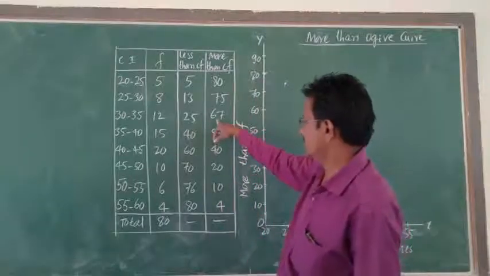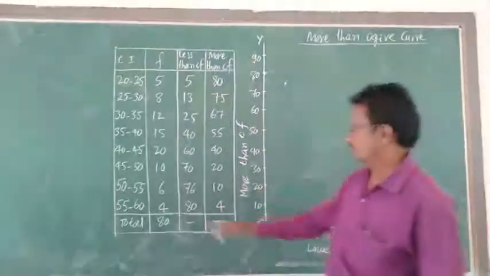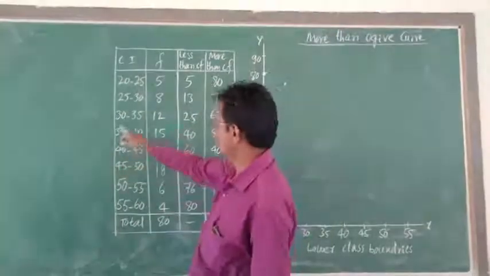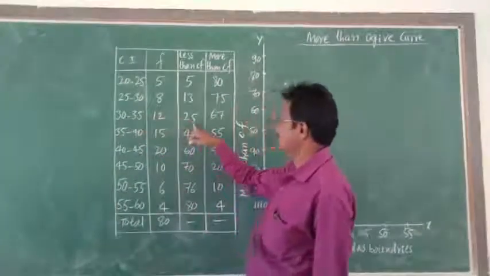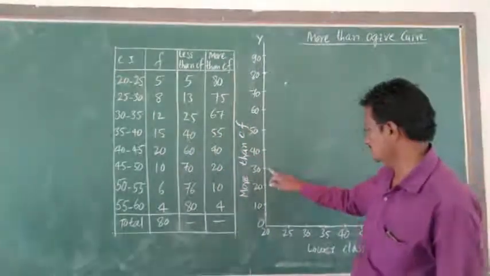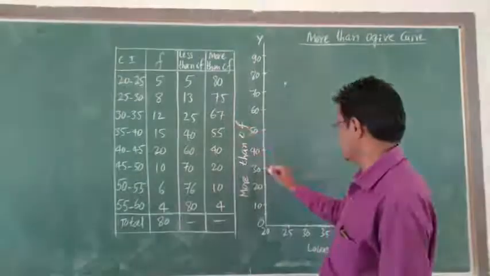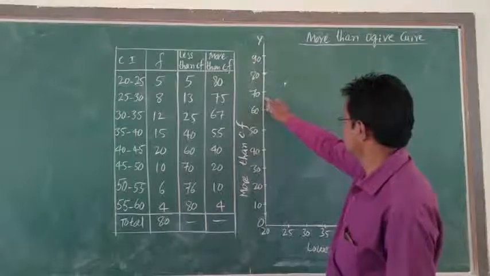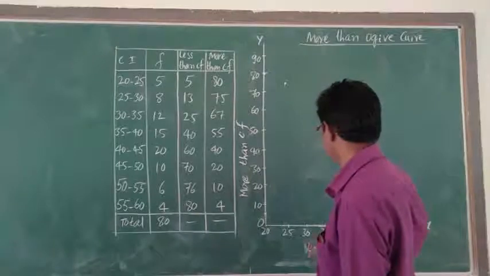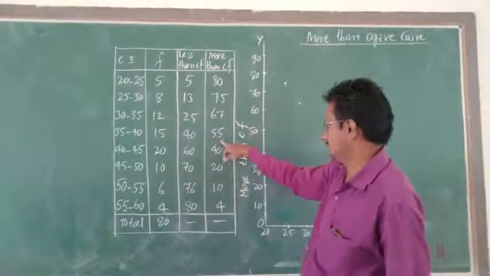Next, we have to mark for 30 and 67. It indicates more than 30, there are 67 workers.